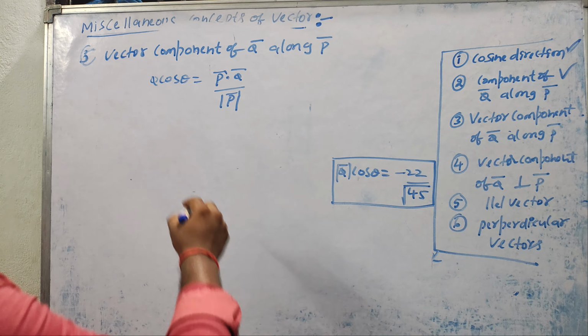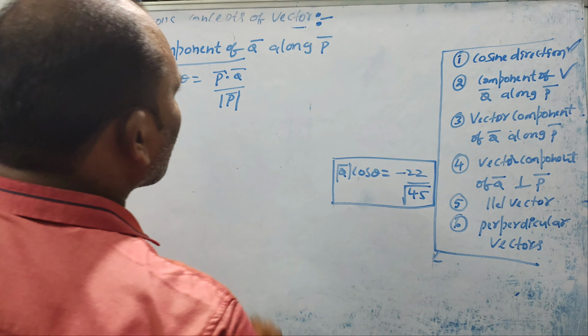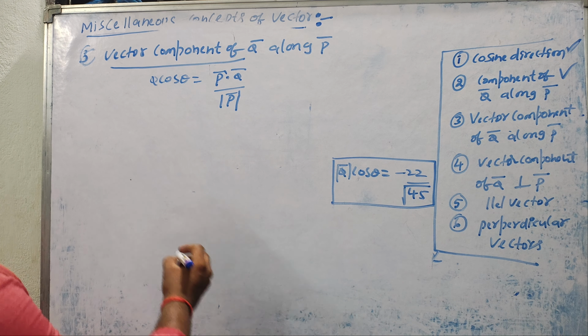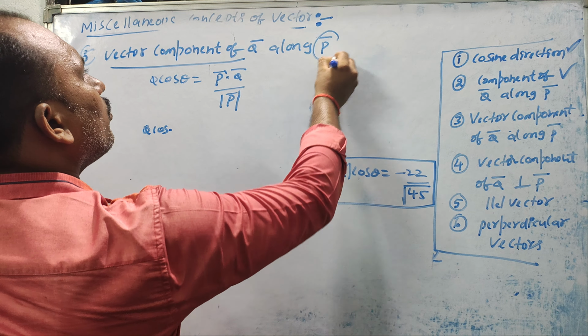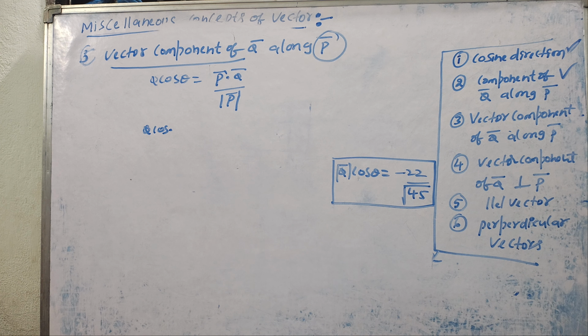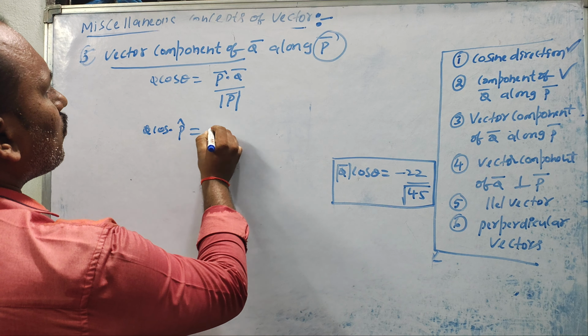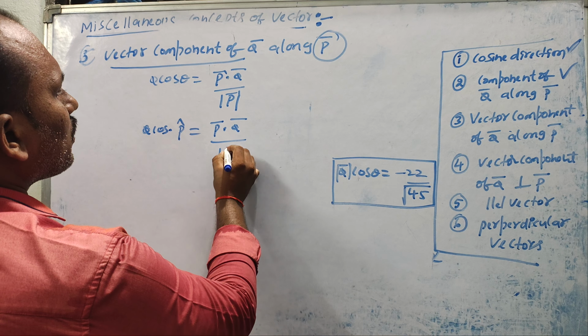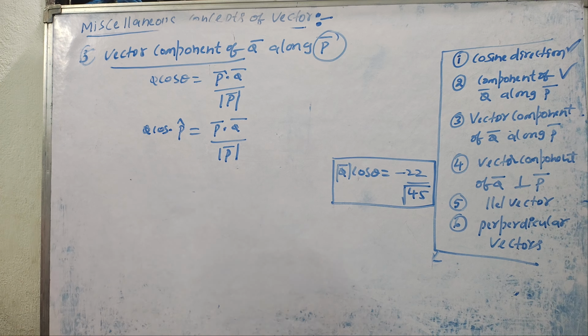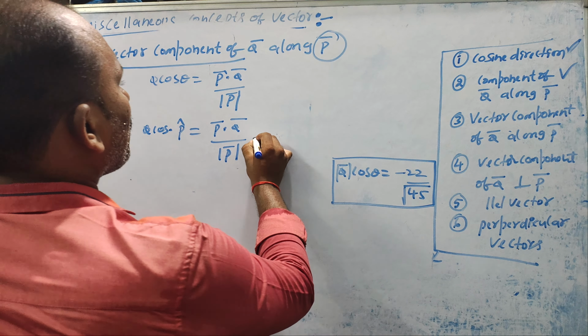Now we have to take the vector component. Vector component means we have to give the direction for this. So Q cos theta along which one? Along P bar. Along which direction do we take the vector component? P cap. So the vector component is P bar dot Q bar by modulus of P bar, times P cap.